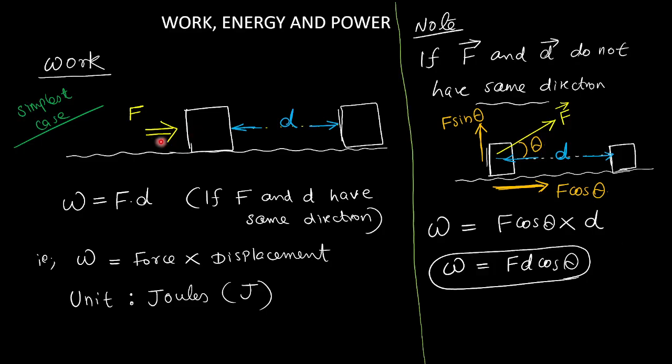If I am applying some force on a table, but the table is not moving, what work have I done? I have done zero work. For work, the displacement should be there.